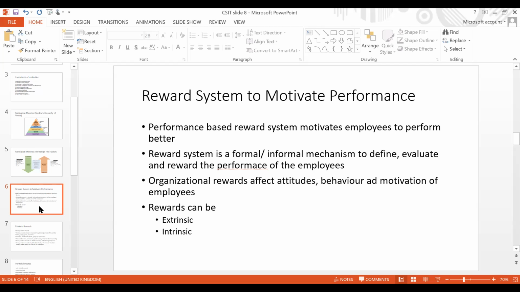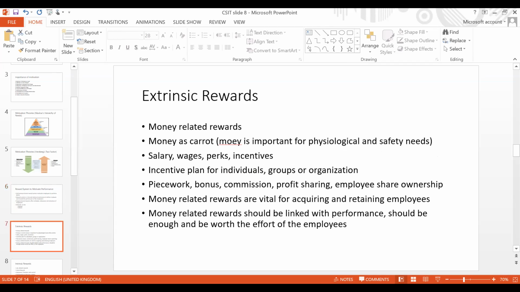So when you are rewarded, then your attitude, your behavior will definitely change. Right? So that's why reward systems have to be there. And when we talk about rewards, they can be extrinsic and they can be intrinsic. Let's see what these extrinsic rewards are and what the intrinsic rewards are.